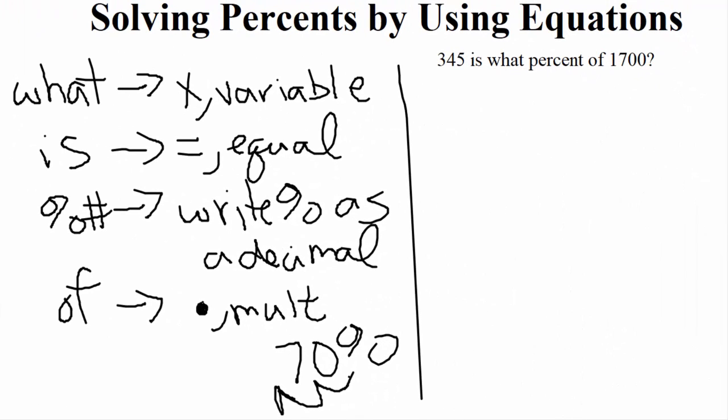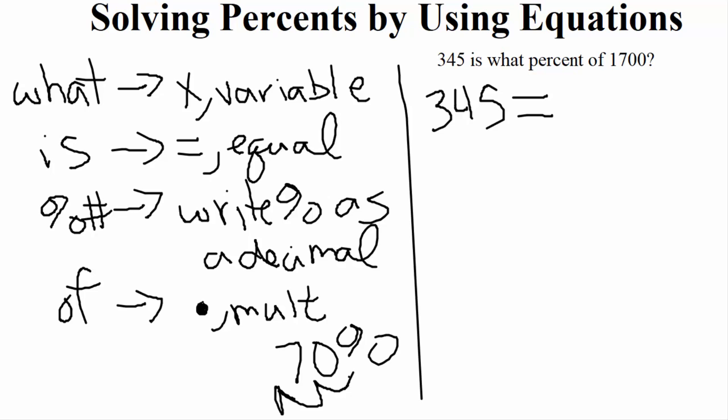Okay, so our next example here, 345 is what percent of 1,700? So taking this and translating it into an equation, the first thing we have is 345, so 345 is just a 345. Is, so that means equals. What, right? What number, what percent?